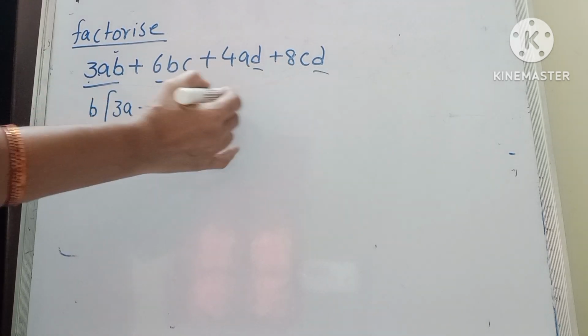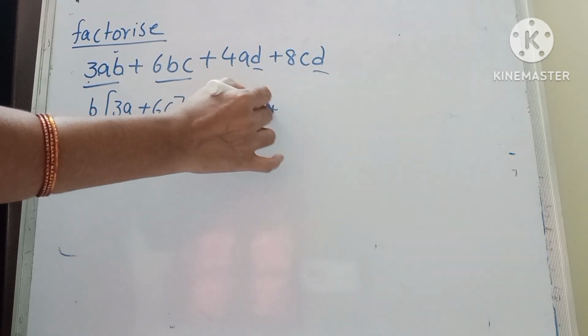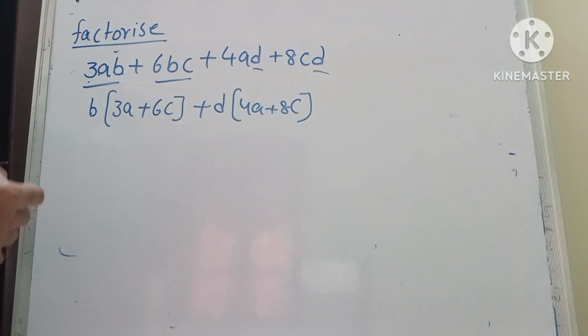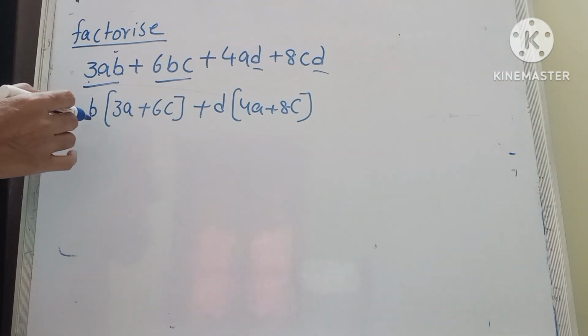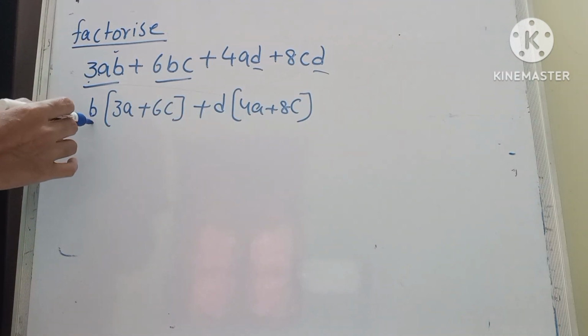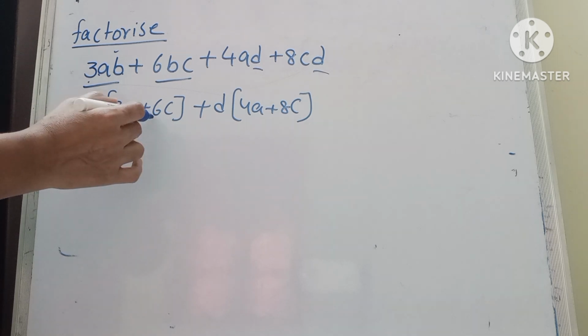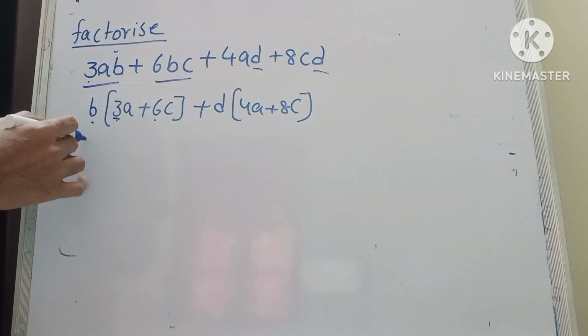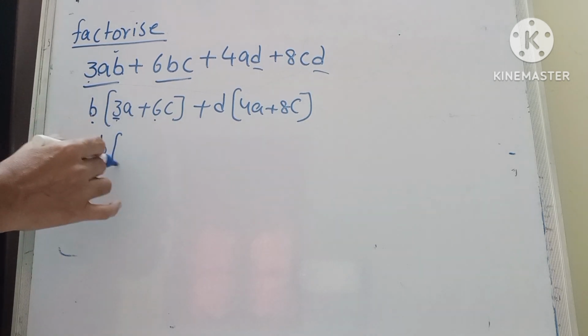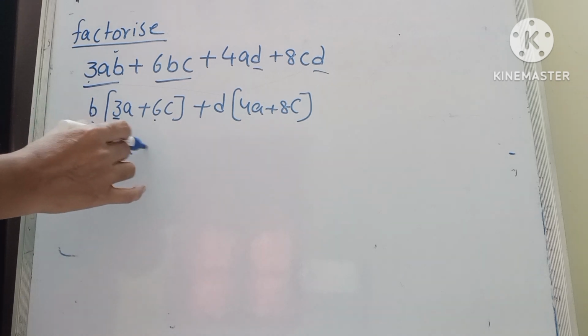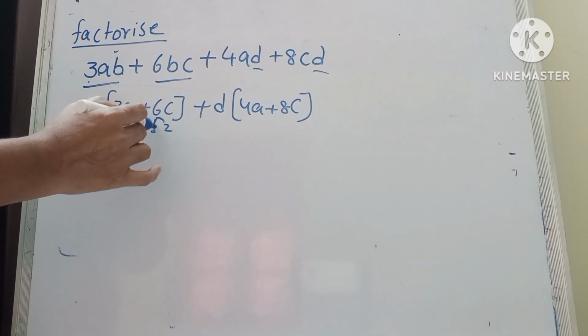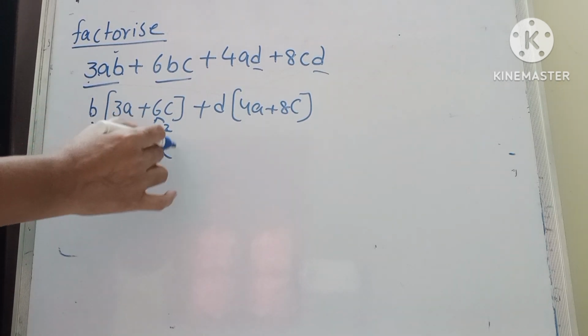Then d into 4a plus 8c. After taking out the b, what is the common factor? 3. This is 3 times 1, this is 3 times 2. So write 3b, 3 is common, then a plus, this is 3 times 2, 3 common, then 2c.